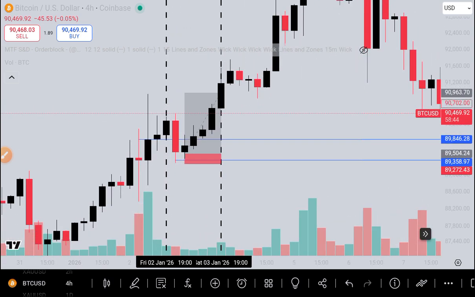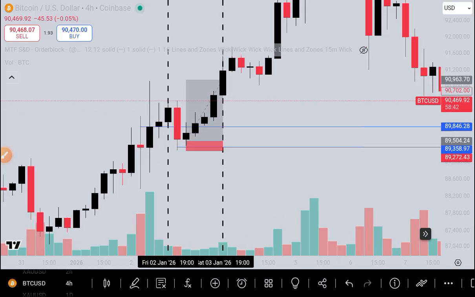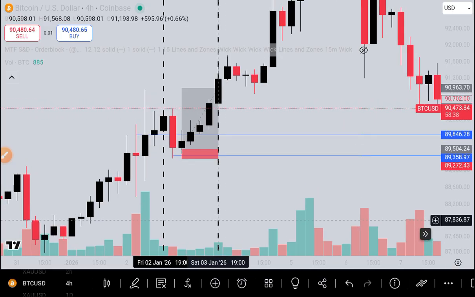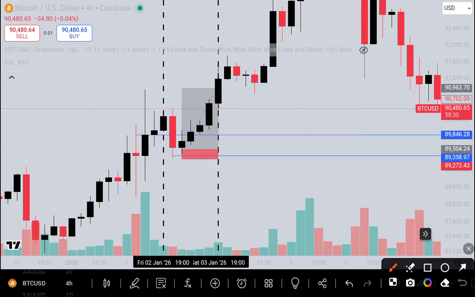You could see that it is around here, around this mark. On this particular candle, the volume is strongest, which means that in this next day, price is going to come into this candle and look for an area of interest and then kick back up.